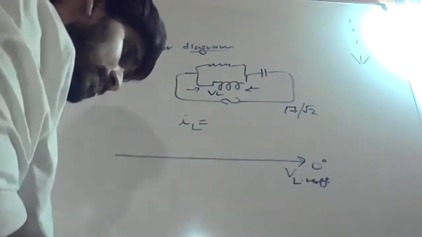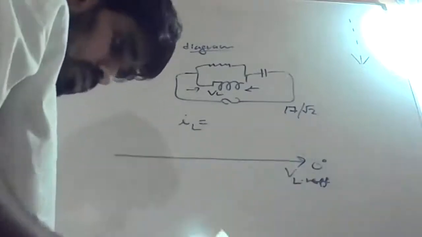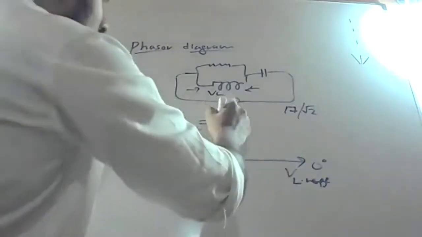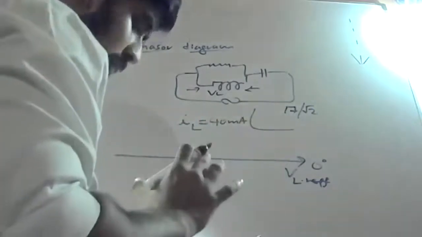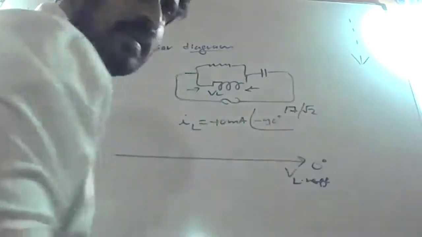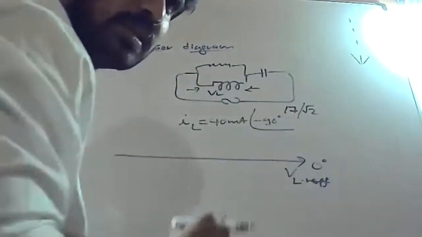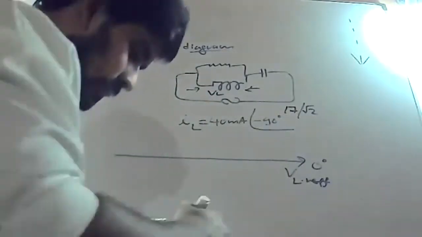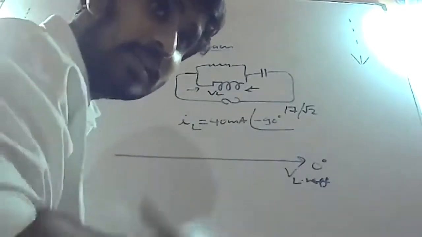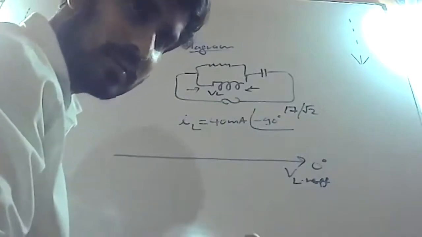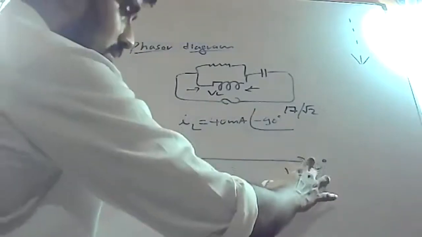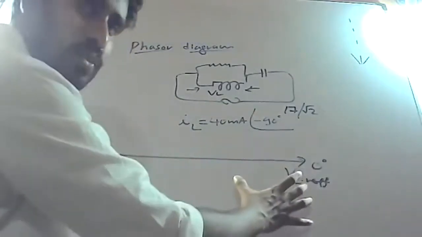It is 40 milliampere, with a phase angle of minus 90 degrees, right? Why minus 90 degrees? Because I told you the inductor leads in the voltage. That means the inductor lags in the current. So this is the reference voltage, or the voltage across the inductor.